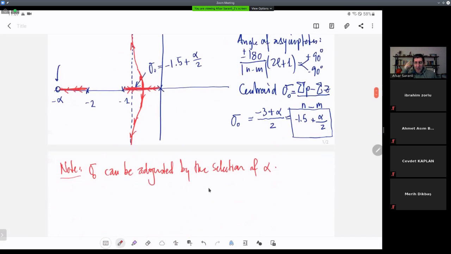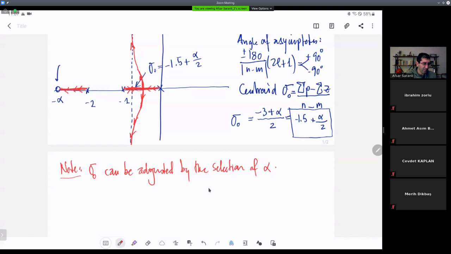Okay, so you see that we can change row 0 by selecting alpha, but it looks like the possible range is quite small, because if you increase alpha in absolute value, you very quickly move the centroid towards the j omega axis.